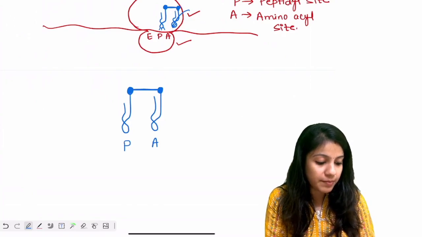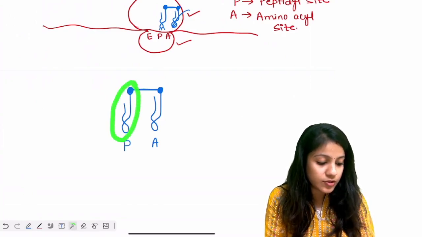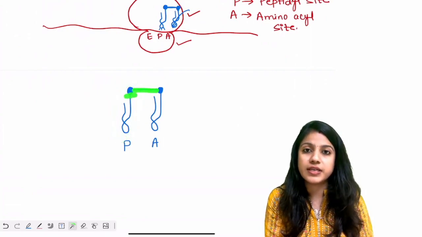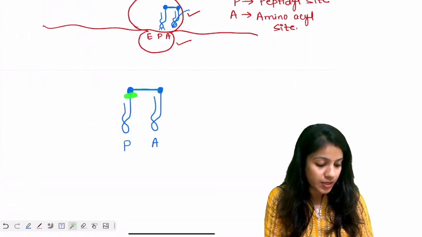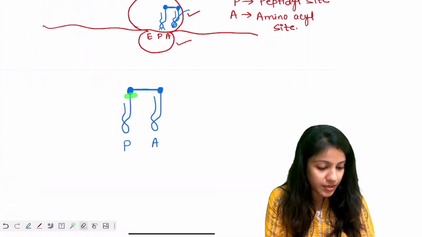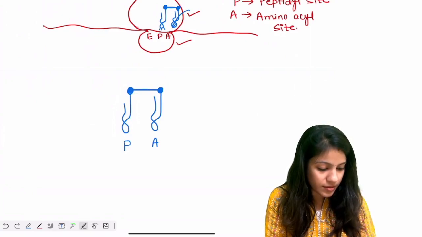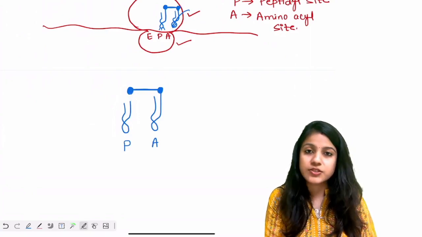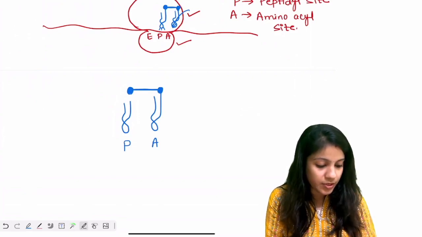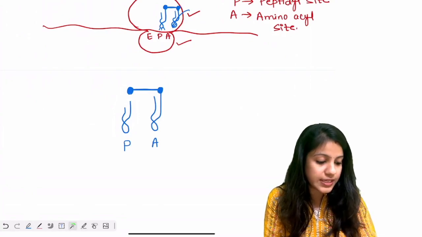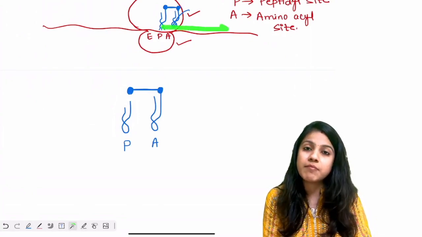By that time, what will happen? There will be peptide bond formation, as well as this amino acid will get detached from this tRNA. Here it got detached from this tRNA. So what will happen now? The ribosome will always keep on moving on this mRNA.